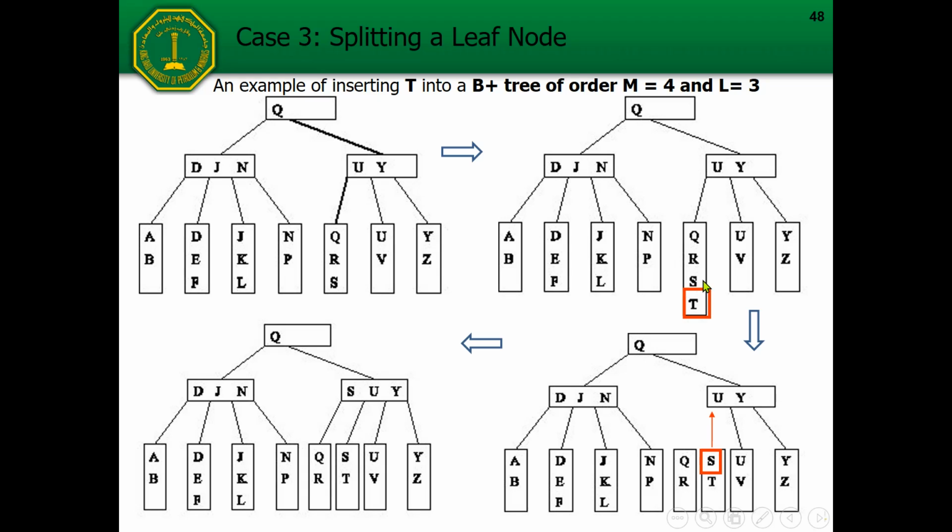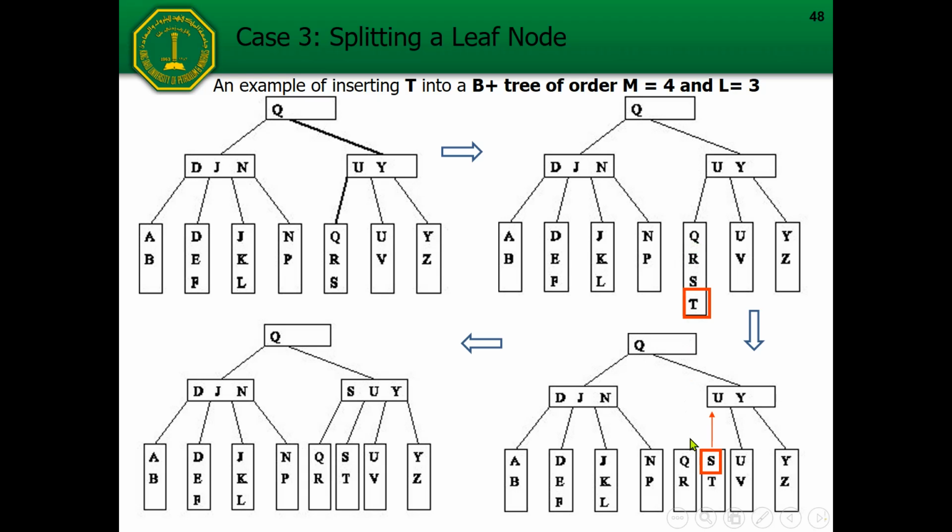Okay, this is the result of the insert operation. You can see that we have inserted T in this location. L is 3 in this case, but now this leaf node contains 4 keys, which means there is overflow. So we need to deal with this overflow. To deal with the overflow, as the algorithm says, we need to split this node into two.